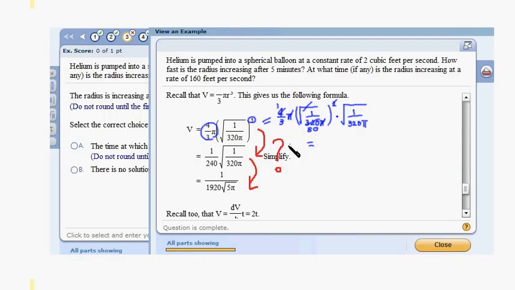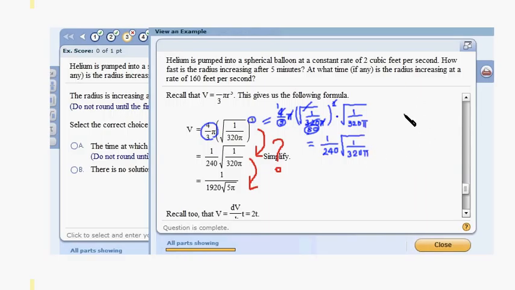So what's left is 1 on top over 3 times 80, which is 240. Then you have the square root of 1 over 320 pi.